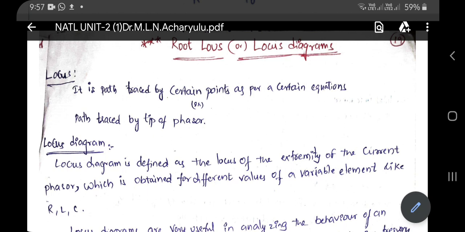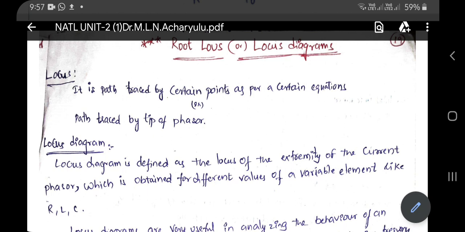The locus diagram is the locus of the extremity of the current phasor, which is obtained for different values of variable elements like resistance, inductance, and capacitance.